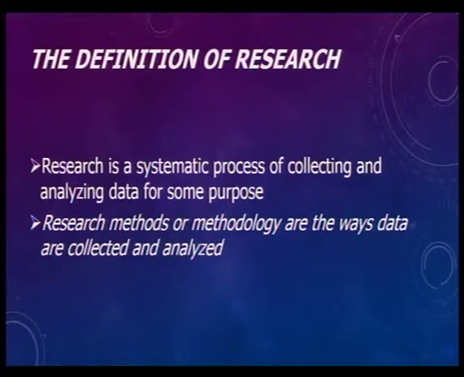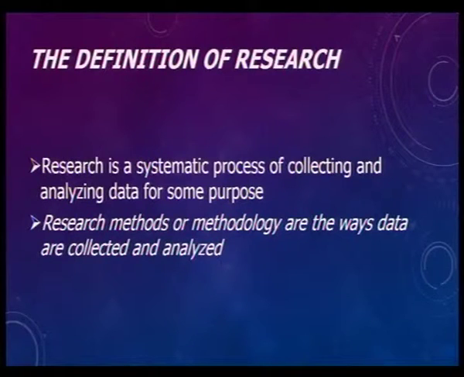So now students should understand the definition of research. What is research? And what is the aim of research? So we can define research as a systematic process of collecting and analyzing data for some purposes.